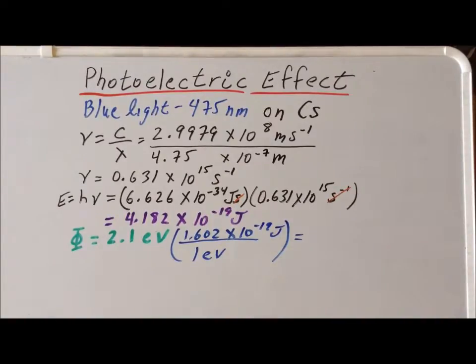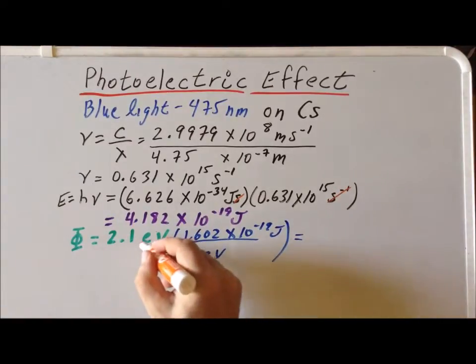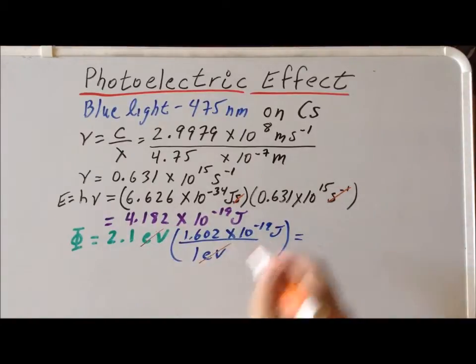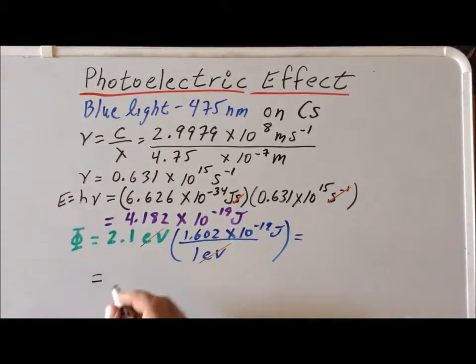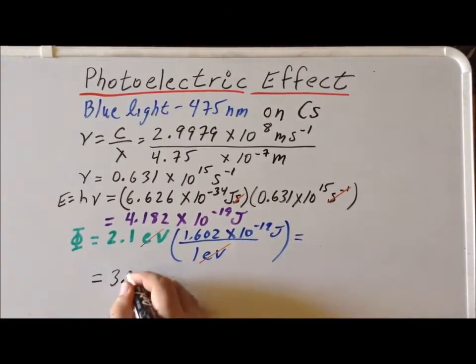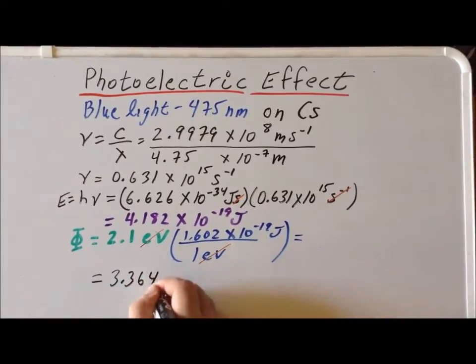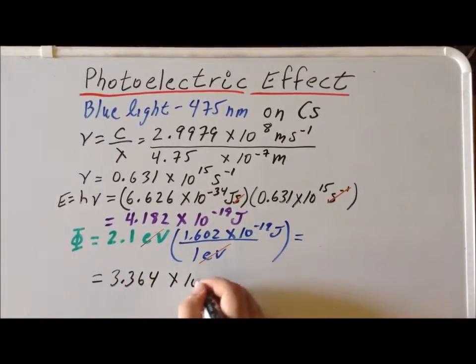We notice if we do this, that the units of electron volts are going to cancel, and we'll be left with an answer in terms of joules, which is what we want for the work function. So once we do that, we determine that the work function for cesium metal is 3.364 times 10 to the minus 19 joules.